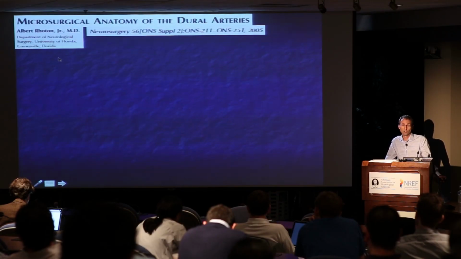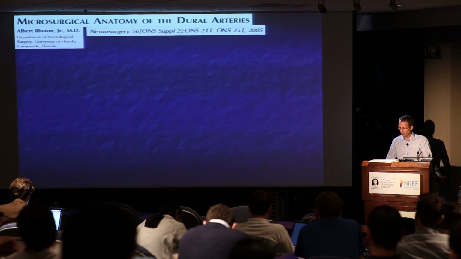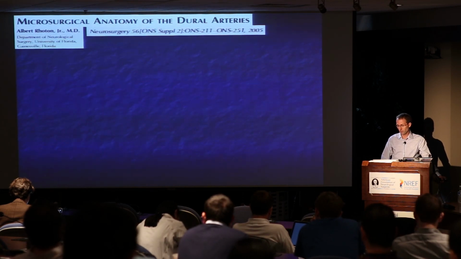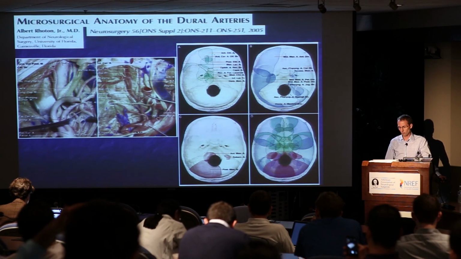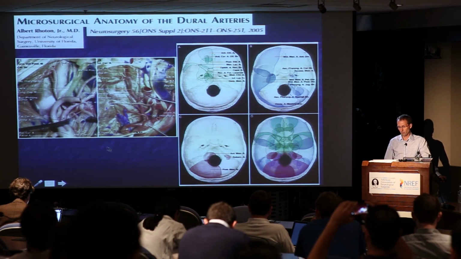My favorite actually is this one from, again, another sort of giant in the field. Microsurgical anatomy of the dural arteries, published in Neurosurgery about 10 years ago. This is like a 41-page tour de force, maybe my favorite reference article period ever, because I love anatomy.